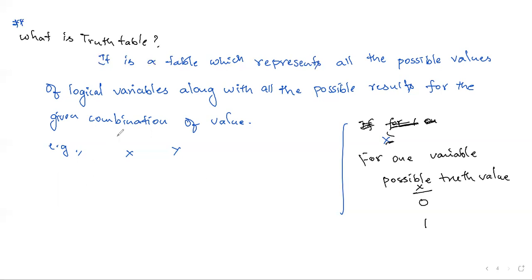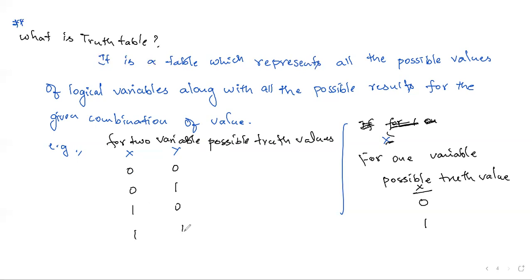For two variables, the possible truth values are 00, 01, 10, 11. It is powers of two. How many values do we have here? For two variables, 2 power 2 gives 4 possible ways.